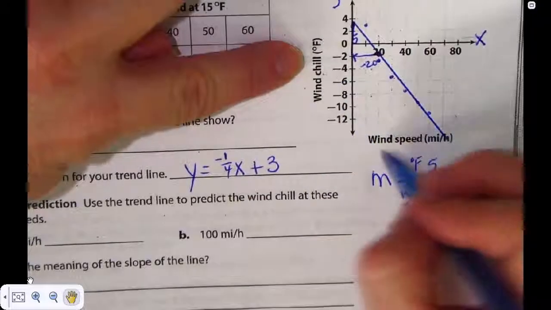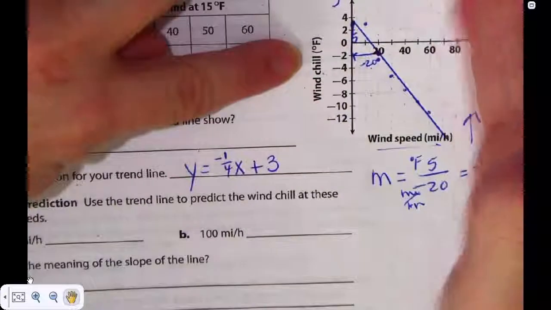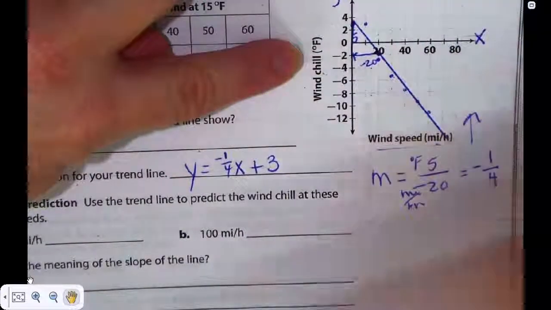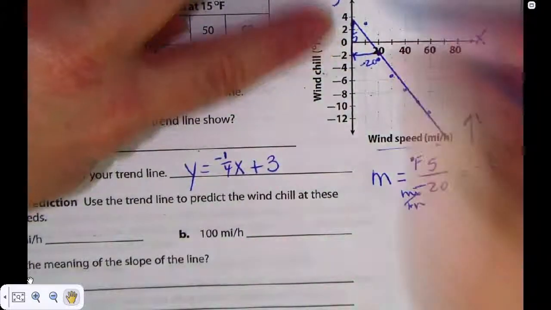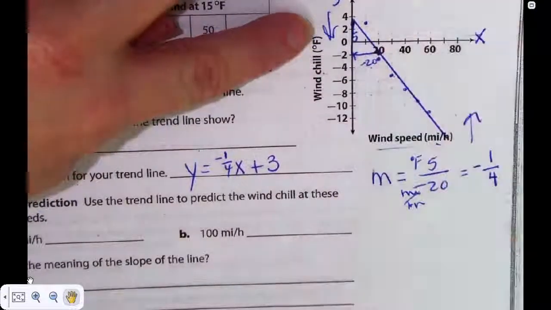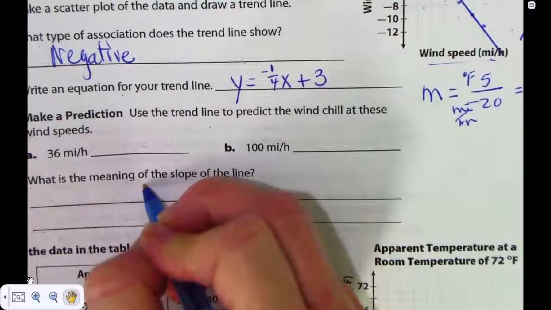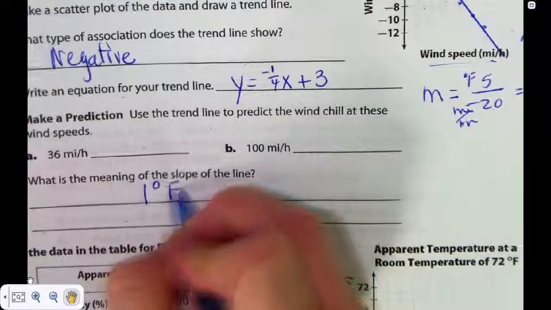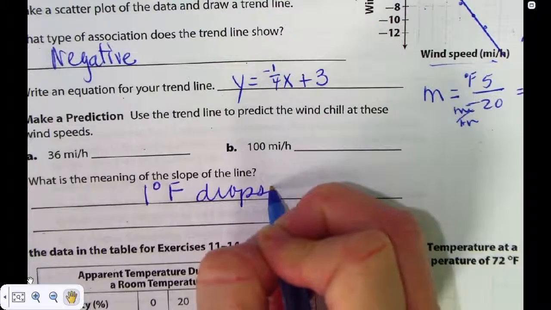What's dropping? Wind chill, right? The wind speed's going up. The x always goes up because you're starting at 0 going up. But the y is coming down. So for every 1 degree Fahrenheit, it drops the wind chill.